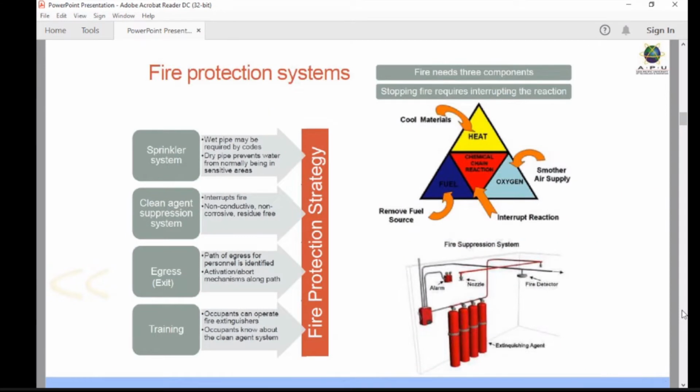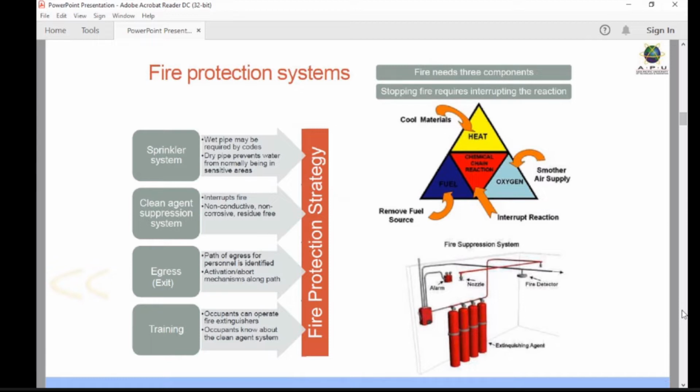So fire protection system, normally the fire protection system we use, okay, is a sprinkler system or clean agent suppression system like gases, okay. And for fire protection, we have this egress.